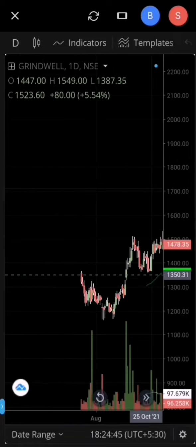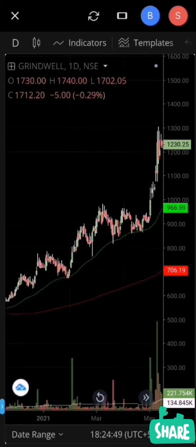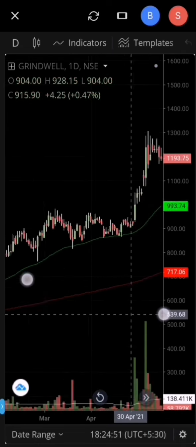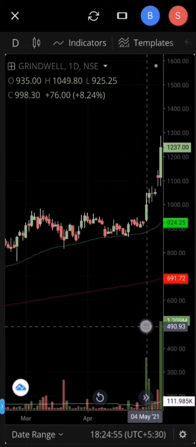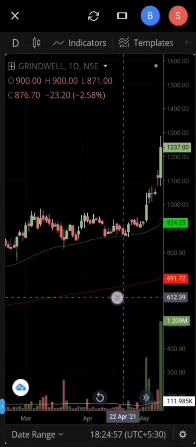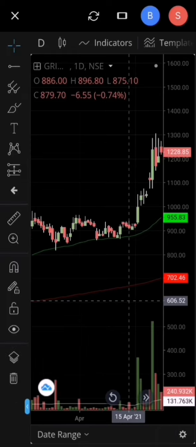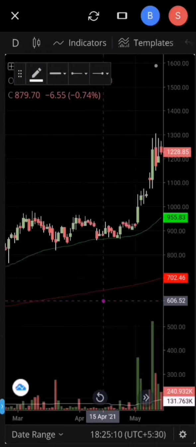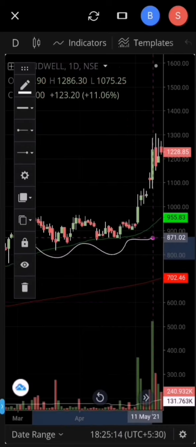So in Grindwell Norton, we could see the volatility contraction pattern appearing between 8th March to 4th May 2021. This was the consolidation phase when this strong fundamental stock was consolidating, and as you could see, the volumes were also very down.